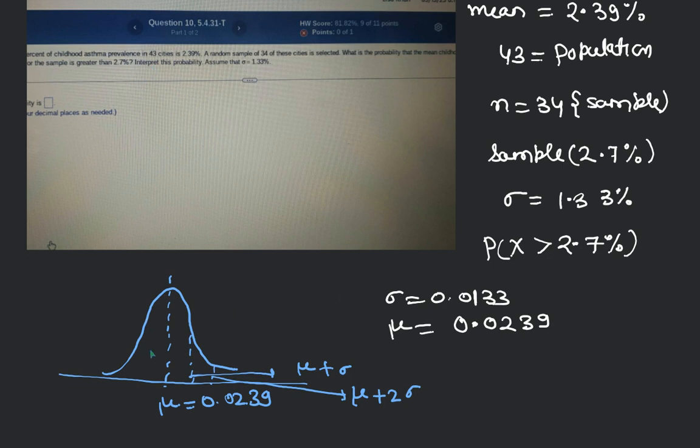In a normal distribution, the area within the first standard deviation is approximately 67%, and up to the second standard deviation it covers approximately 95%, right?